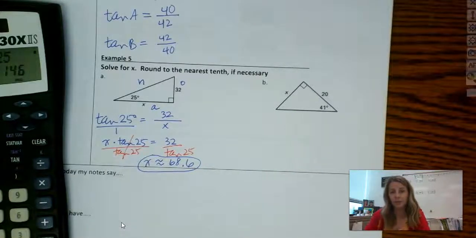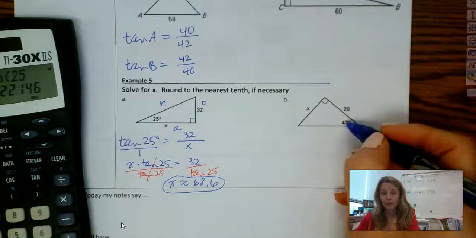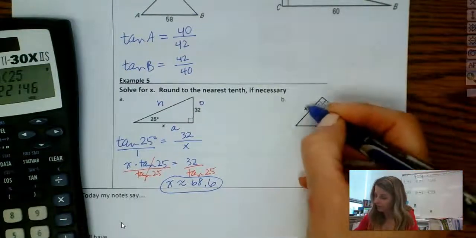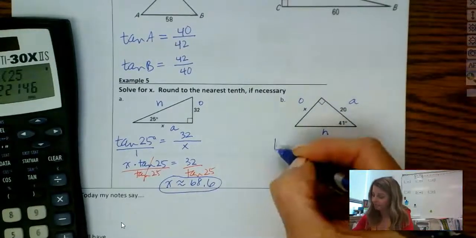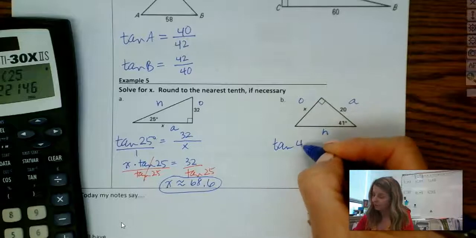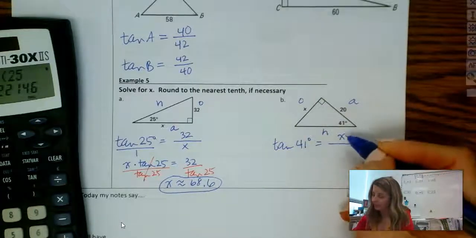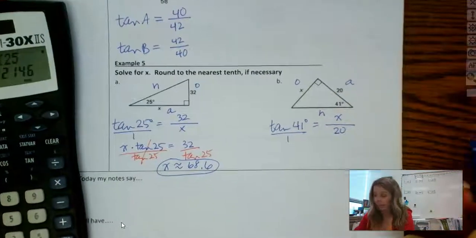Try letter B. Go ahead and set your tangent up and solve for x. Okay, from 41, here's your h. Opposite is x, adjacent is 20. So tangent of 41 degrees equals opposite over adjacent, x over 20. Cross multiply.